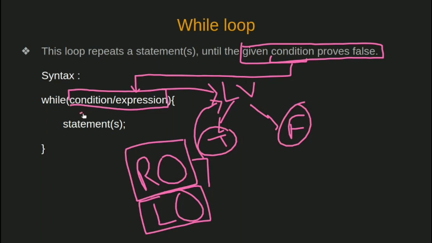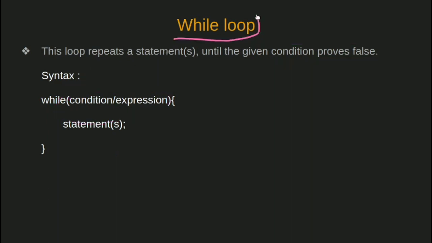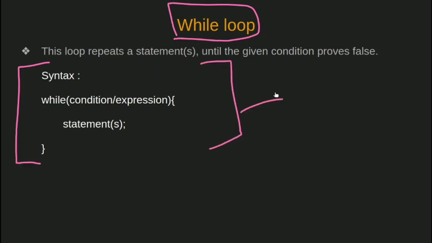So this condition or expression should be making use of our relational operator or our logical operator, or both of these, since their return type is in terms of true and false, which is exactly what we need in our condition. Now that we know what while loops are, and we have even seen the syntax for the while loop, let us now see them in an actual program.